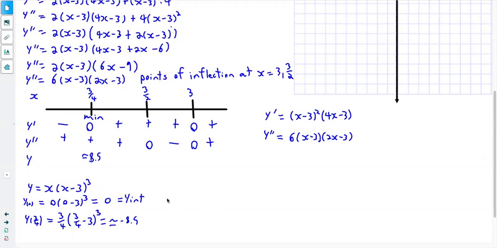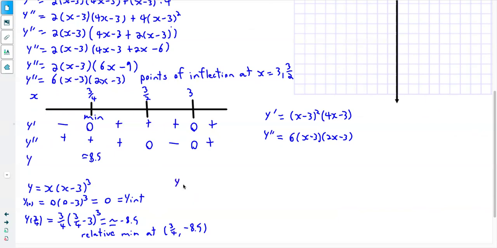So we know that we have a minimum at 3/4 comma negative 8.5. Next, we've got this point here, so 3/2.